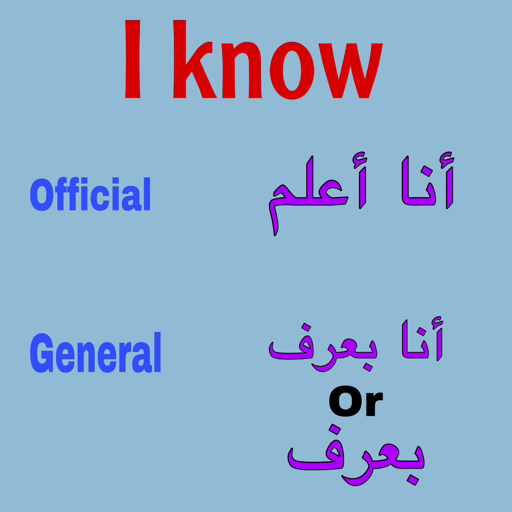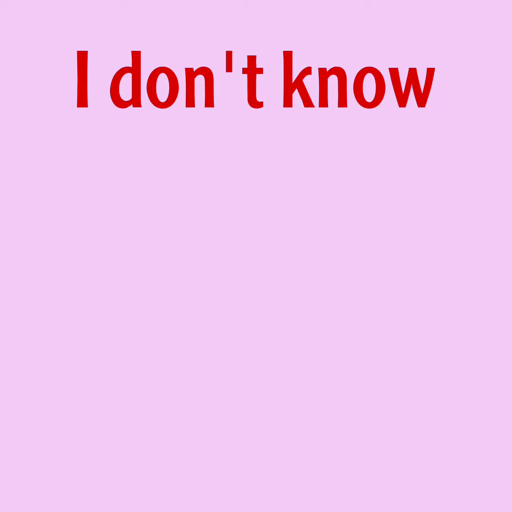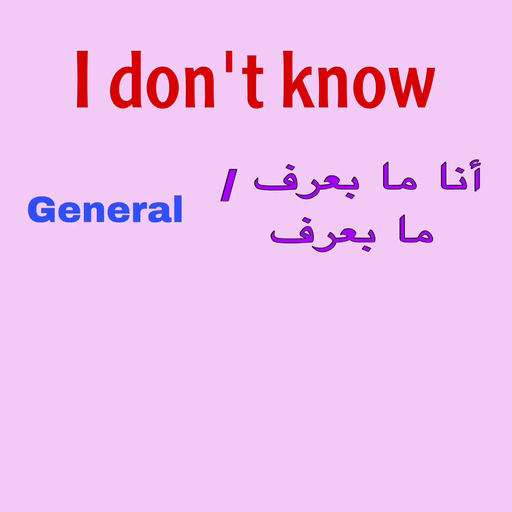We took I know, but how do we say I don't know? You have to just know the word ma and add it to ana ba'rif. Or again, you don't have to say ana. You just go with ma ba'rif. Ana ma ba'rif.